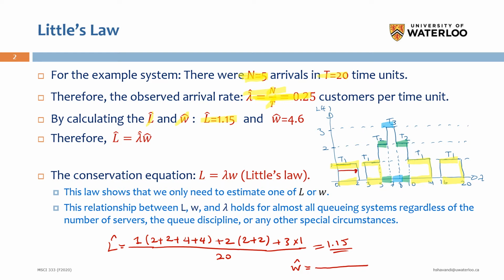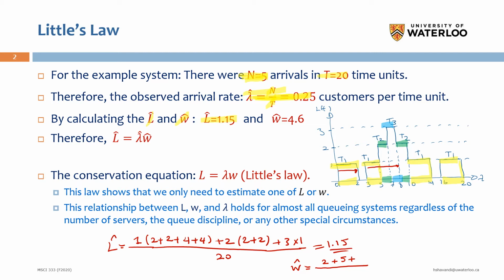So customer number 1 is in the system for 2 minutes. Then customer number 2 arrives at time 3 and departs at time 8, so it will be 5 minutes. Customer number 2 is in the system for 5 minutes.